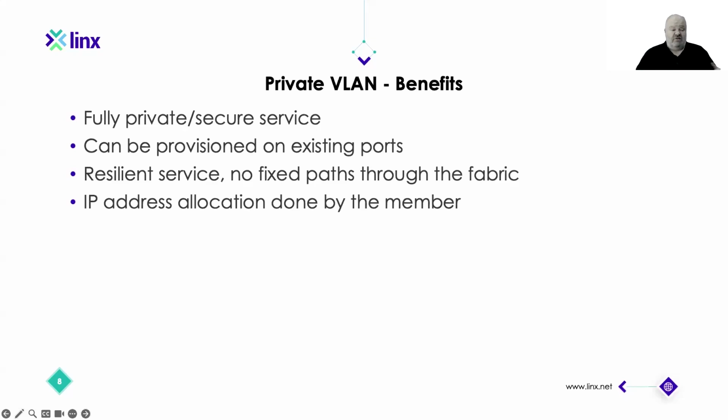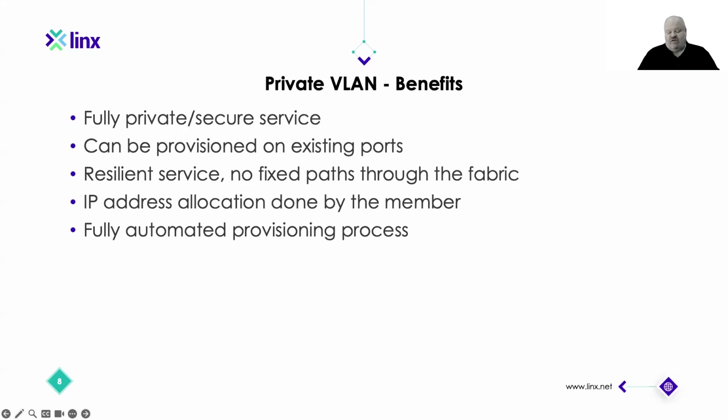The IP address allocation is done by the members, by whoever owns the service, whoever orders the service. We don't really care. We don't see it. For us, it's just a layer 2 connection. So it's fully up to you how you allocate the IP addresses, what you do with the service, what traffic you pass.